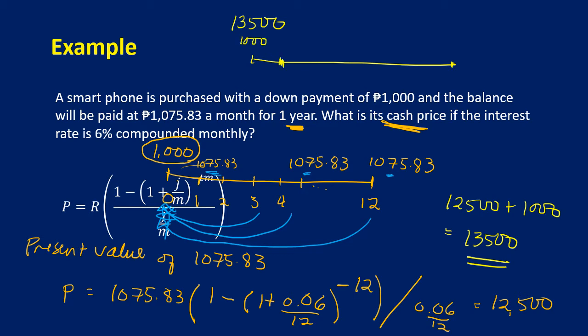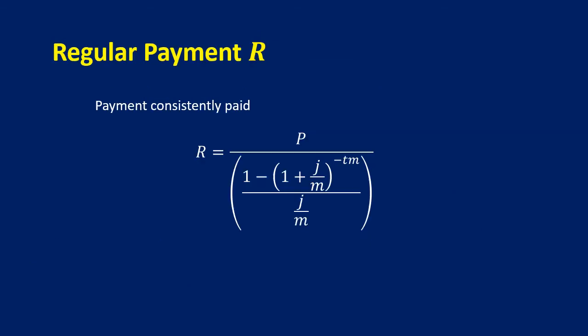So that's why your loan is just 12,500, and you paid off your 12,500 loan through your series of regular payments of 1,075.83. Is that clear?